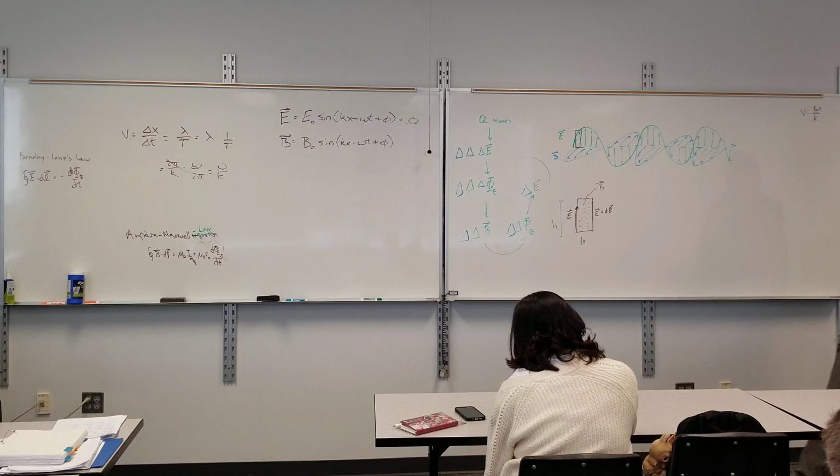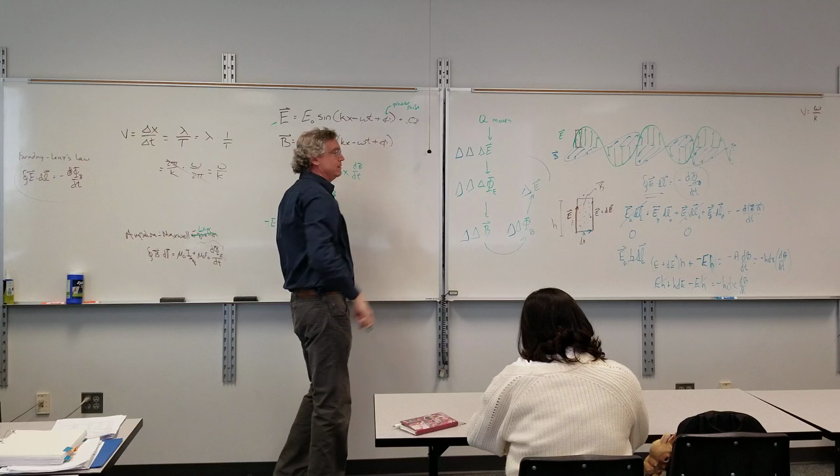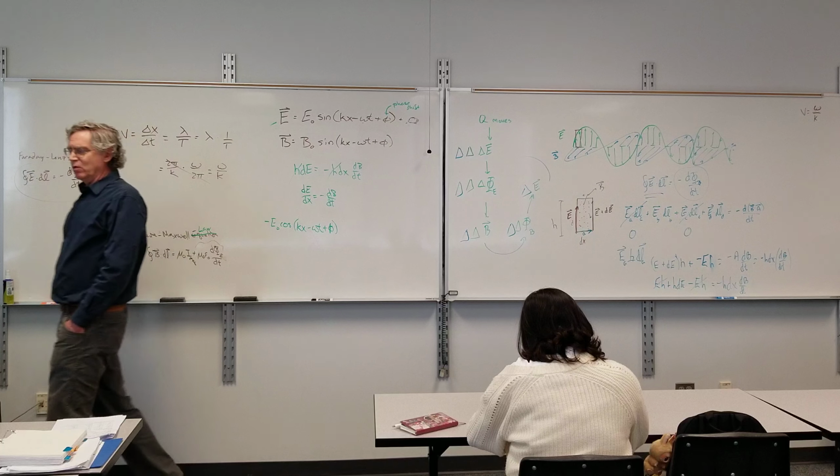It's negative E naught cosine of kx minus angular frequency t plus phi. The phase is a phase shift, to account for the fact that not everything starts at 0 or the amplitude.